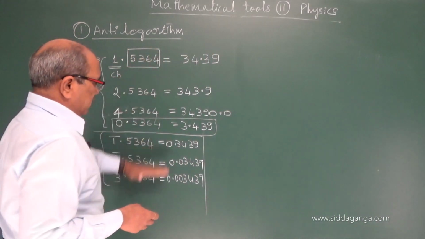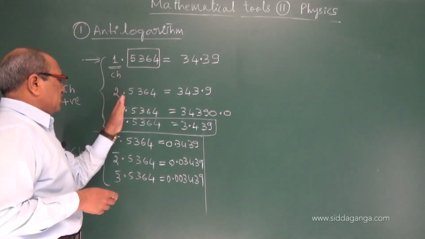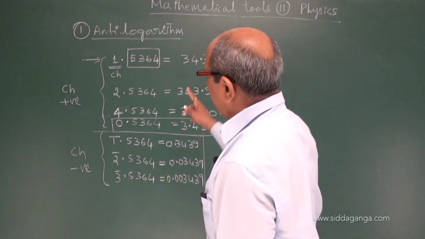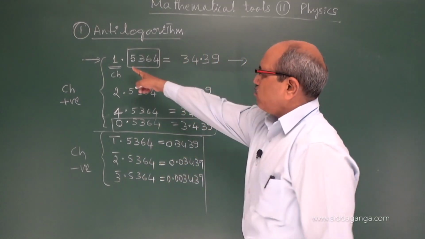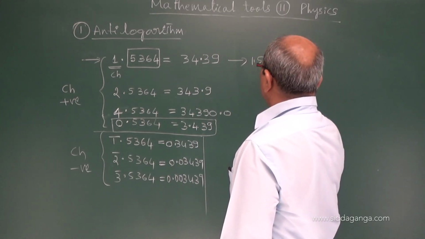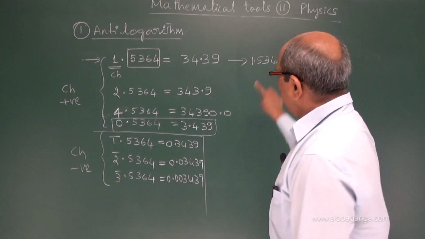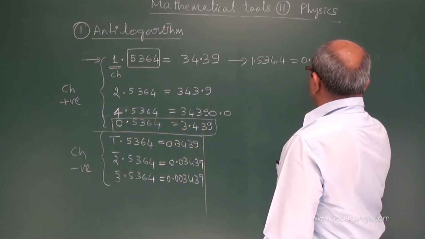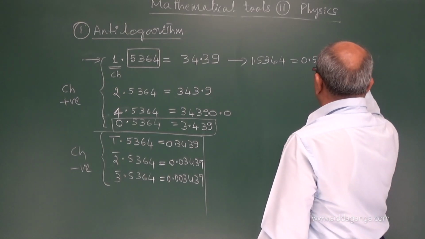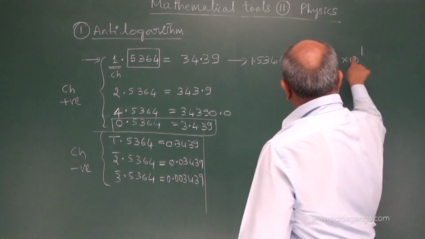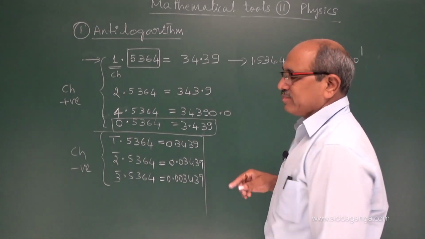So anything it may be: 2, 3, 4, bar 1, bar 2, anything. Suppose we have 1.5364. If this is the characteristic, I can write it as 0.5364 into 10 power 1. The characteristic is 1, therefore it is 10 power 1.